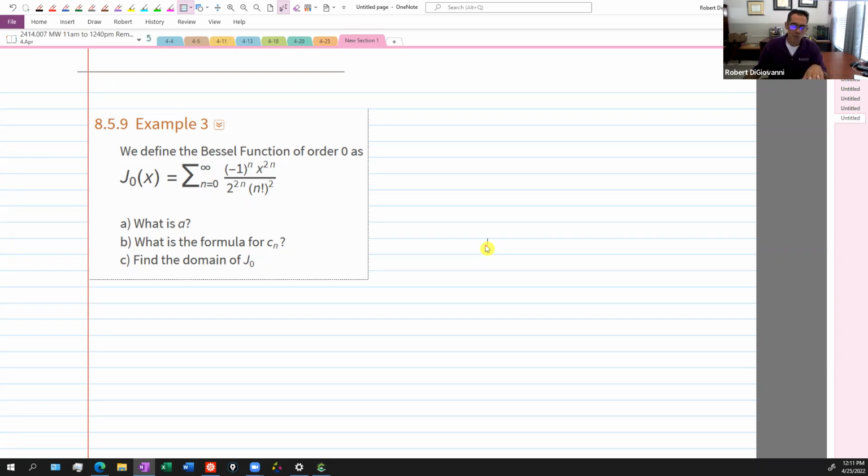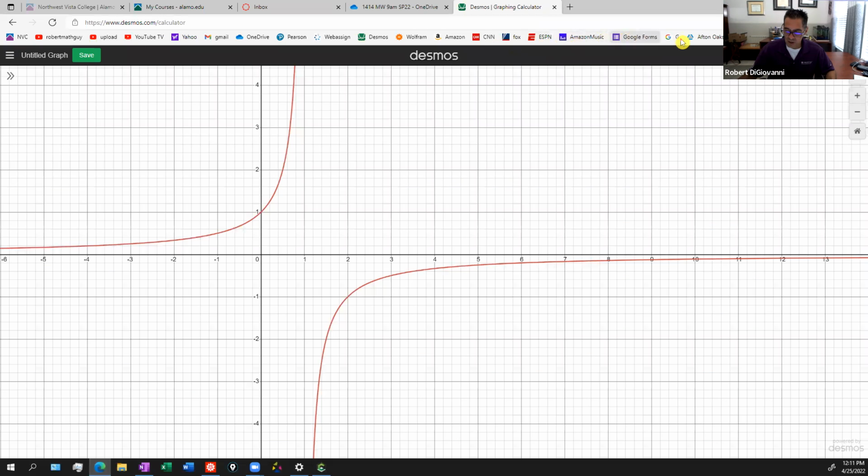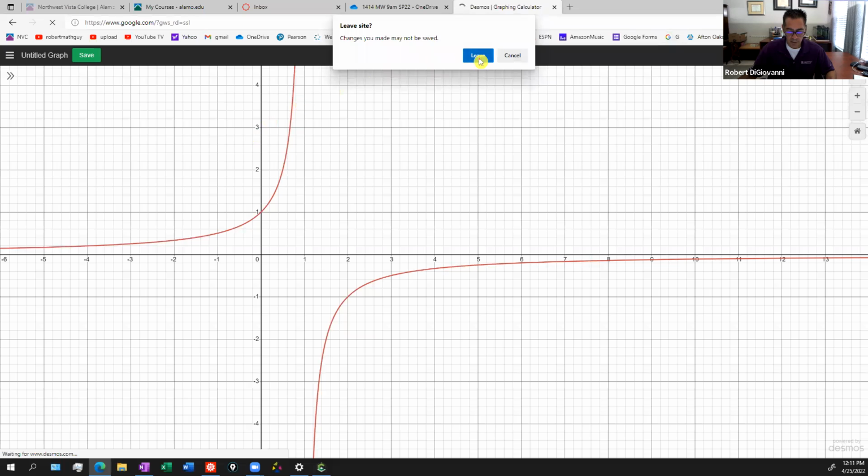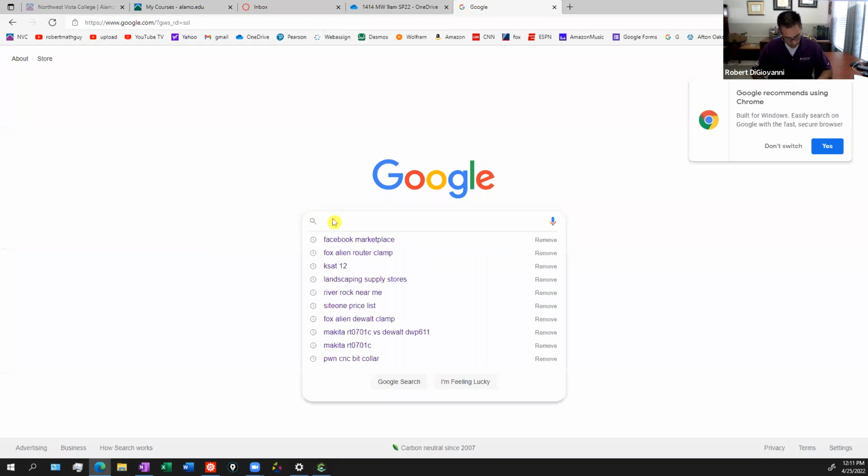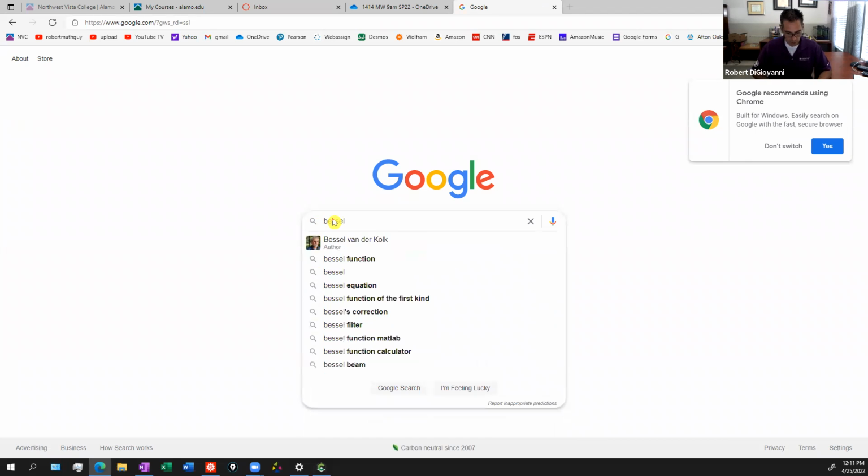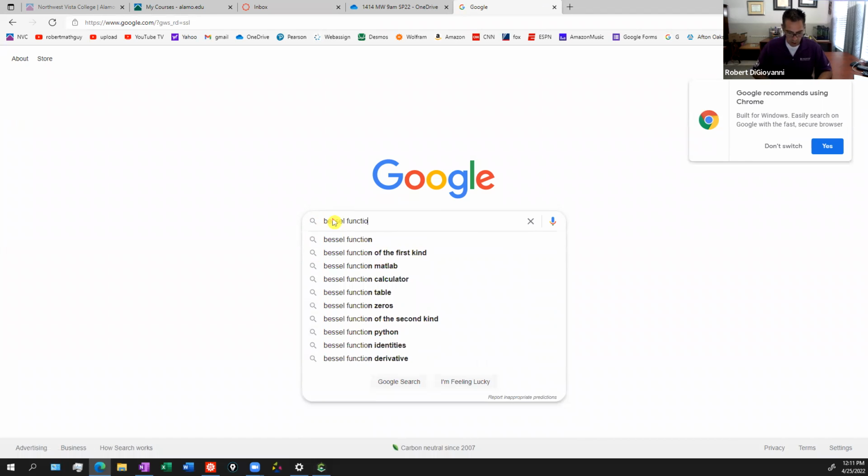Now, it's more complicated than that because this right here would be two-dimensional, because it's like a regular function, but on a drum surface, it would be three-dimensional. But there is a Bessel function for three-dimensional as well. So let's just look it up real quick. Bessel function.